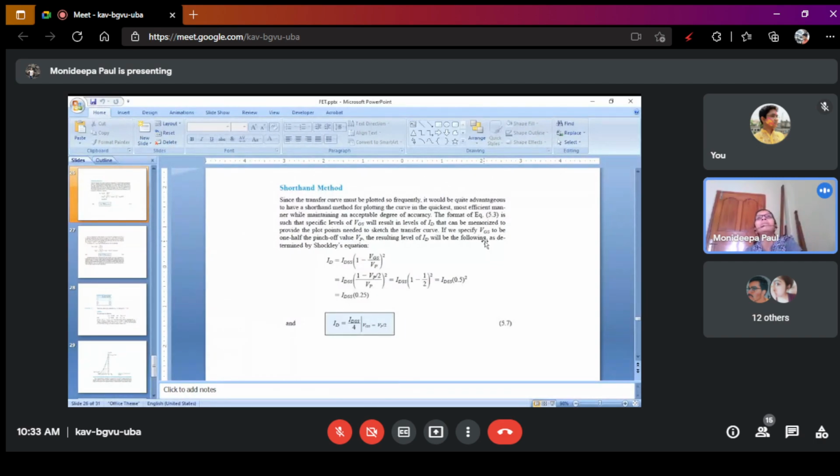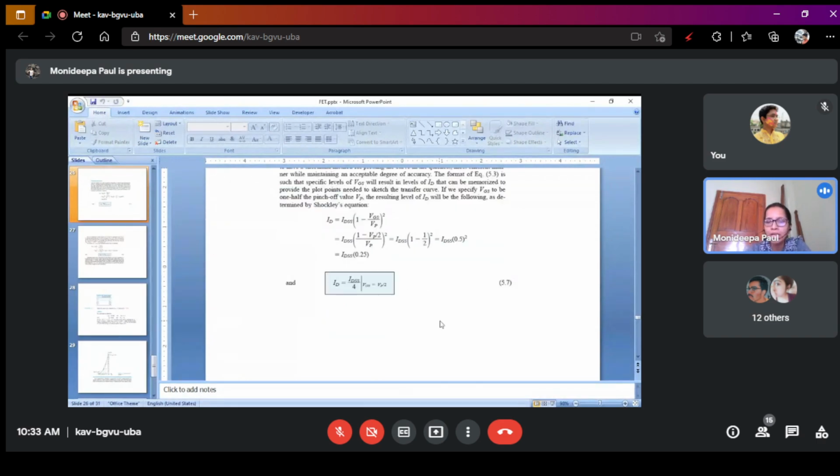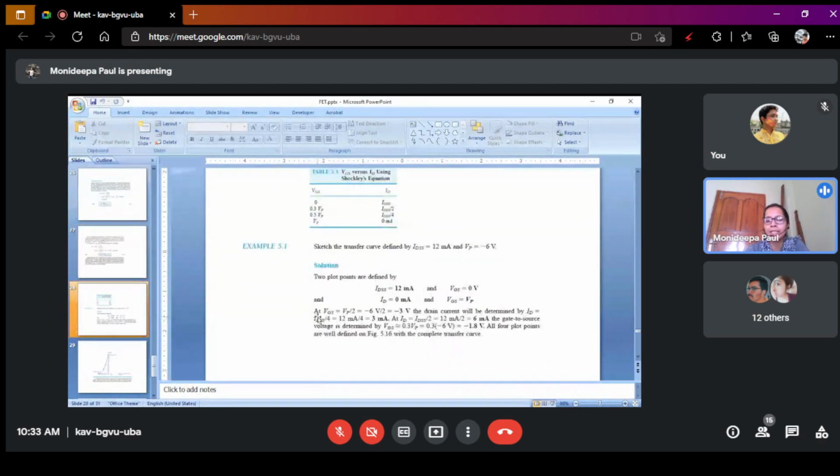First assumption is that VGS is equal to 1 half of the VP, then ID is equal to IDSS by 4. So we apply the first assumption here. VGS is equal to VP by 2, which means VGS is equal to minus 3 volt.